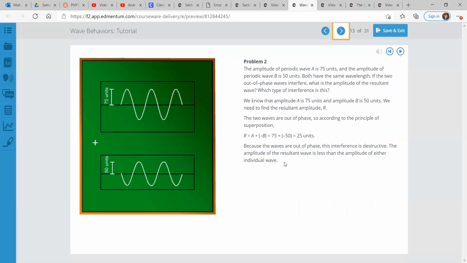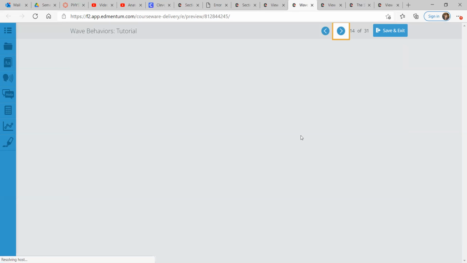We need to find the resultant R. Well, they're out of phase, and according to the principle of superposition, we have R equals A plus negative B. 75 plus negative 50, that is 25 units. So 75 minus 50 equals 25. Because these waves are out of phase, the interference is destructive. The amplitude of the resultant wave is less than the amplitude of either wave on its own.